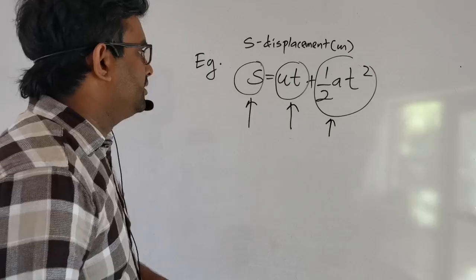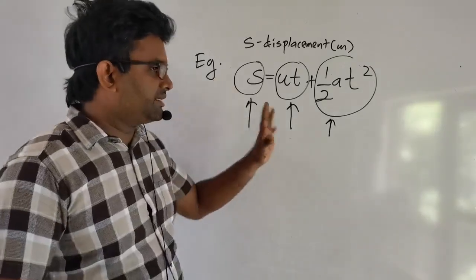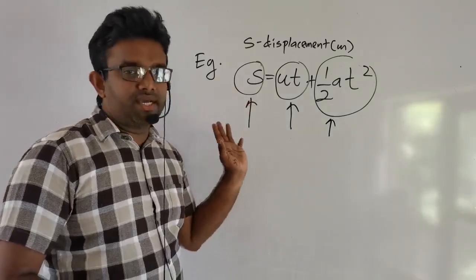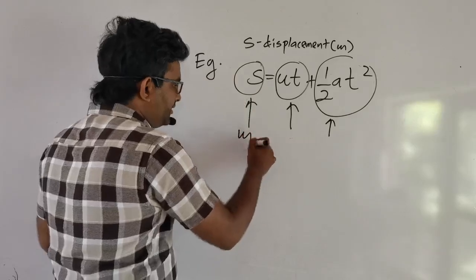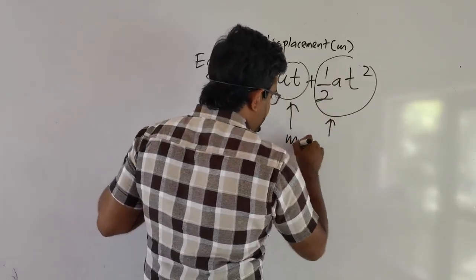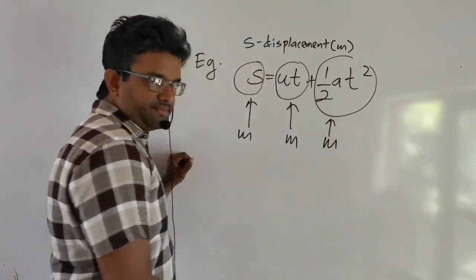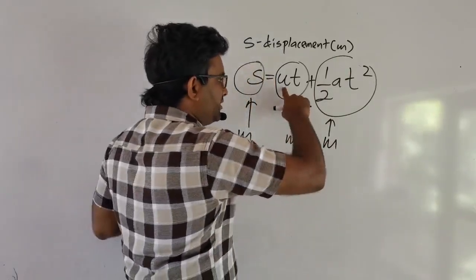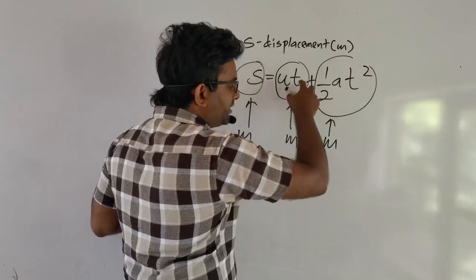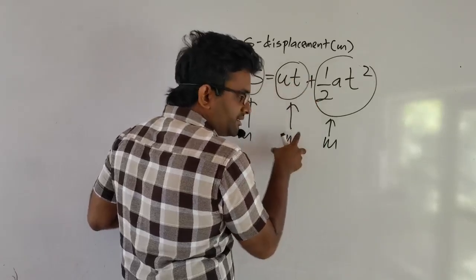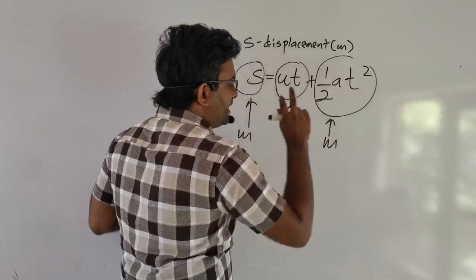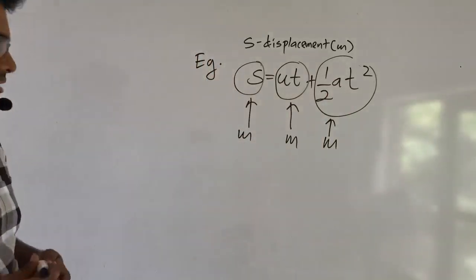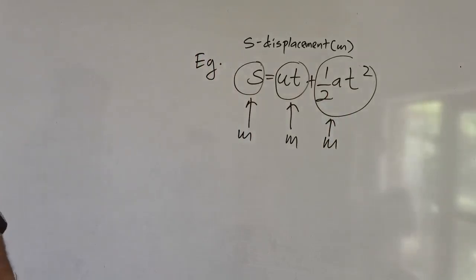Terms are separated only by plus, minus or equal signs. We know the unit of this one, so the other terms should also have the same units. When we multiply the units of u and t, we finally get meters. After multiplying the units of acceleration and t squared, we will have meters. Okay, copy down this example also. After that, move to question number 19.